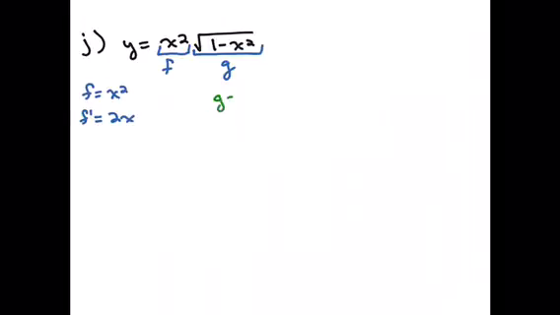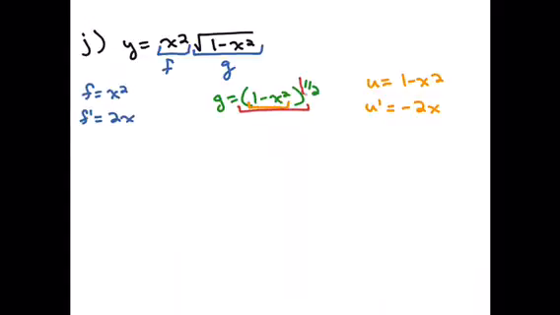We have g is (1 minus x squared) all raised to the 1/2, and then I see that I have an inner function, so we'll let u be 1 minus x squared, and u prime would then be -2x, and I have an outer function of u being raised to the 1/2.